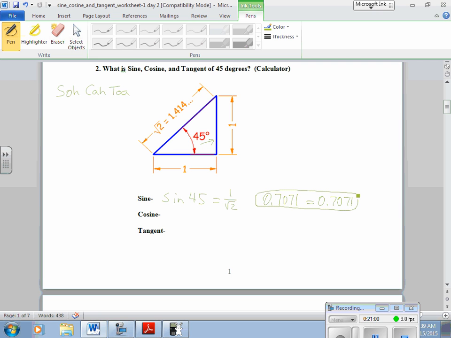And what you just did is you proved that if you use sine and you have the angle and the two sides that go with it, you get the same value on both sides. Go ahead and set up cosine now.